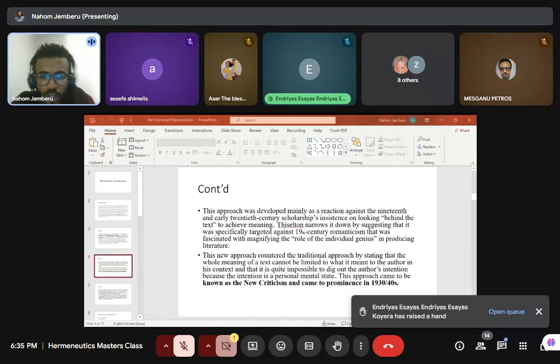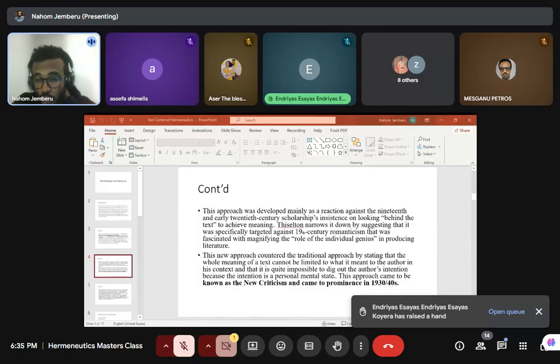So this new approach, rather than fragmenting the text, focused on approaching the text as a unity, as a whole. It came to prominence during the 1930s and the 1940s, right around when the author-centered approach, or the historical critical method, in a way reached its peak.